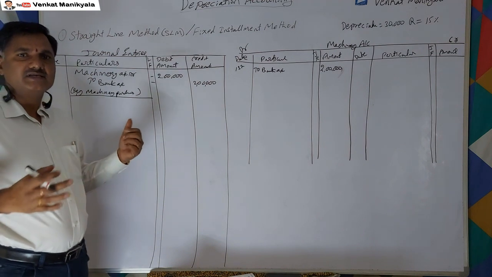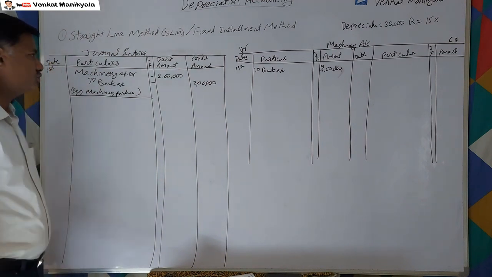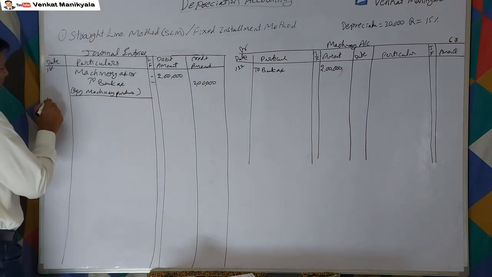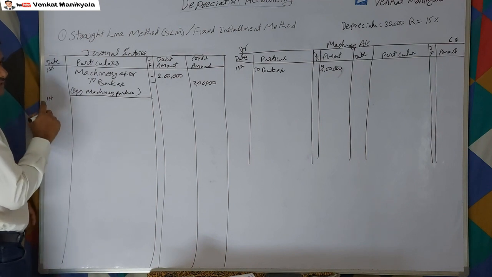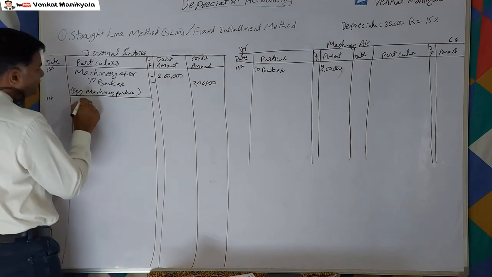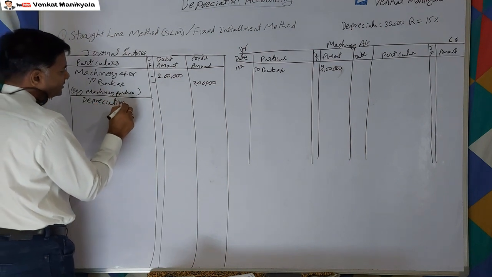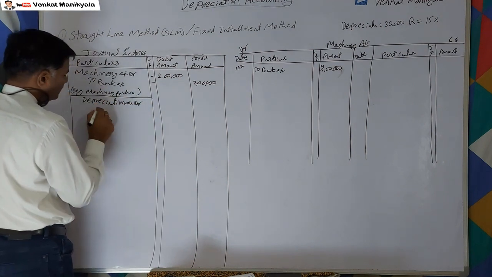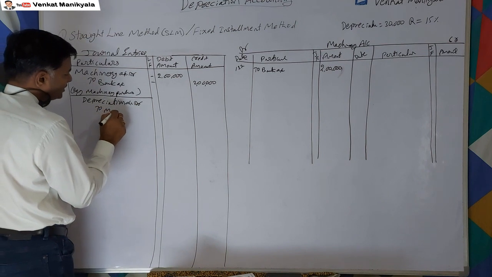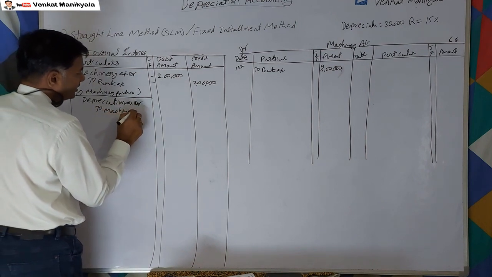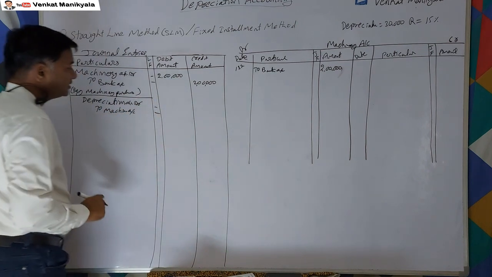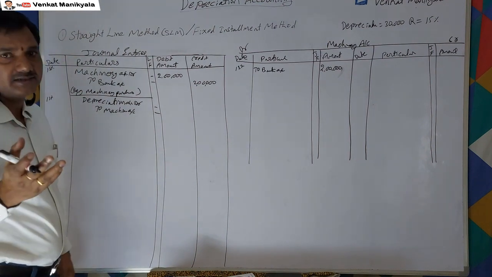So at the end of the year, we have to provide depreciation. To provide depreciation, the journal entry would be, this is also first year, but at the end of the period. So depreciation account debtor to machinery account. So how much is the depreciation? That we already calculated, right?